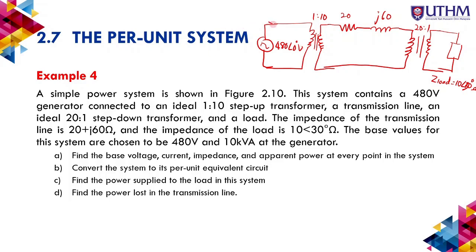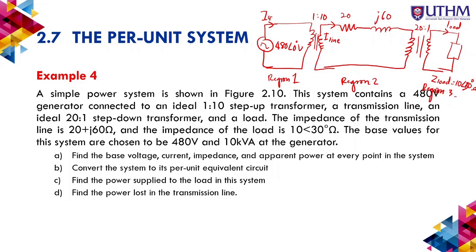So we have IG, I line, and I load. Kita ada 3 region. This is region 1, region 2, and then region 3.